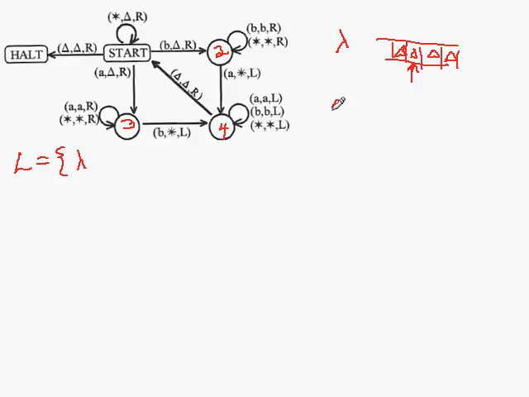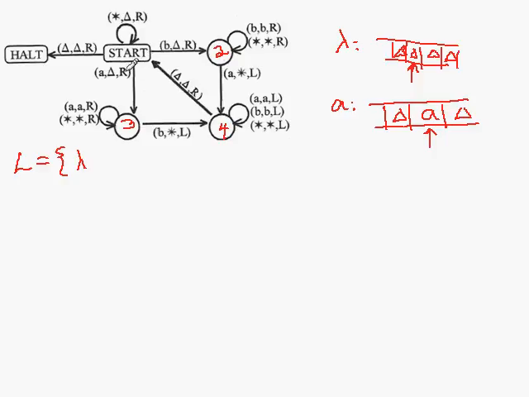What about the string A? Here's a tape. There's a blank. Here's an A. There's a blank. Tape head starts right there, and we'll start in the start state. Now if you see an A out of the start state, you take this transition.